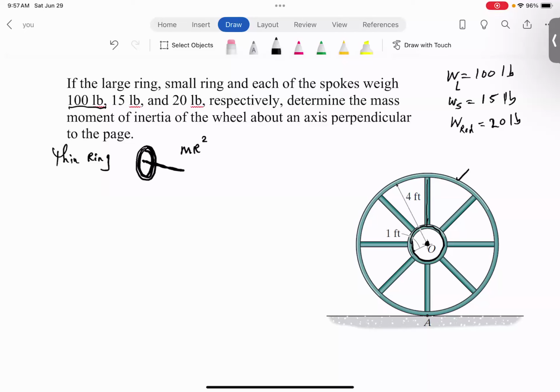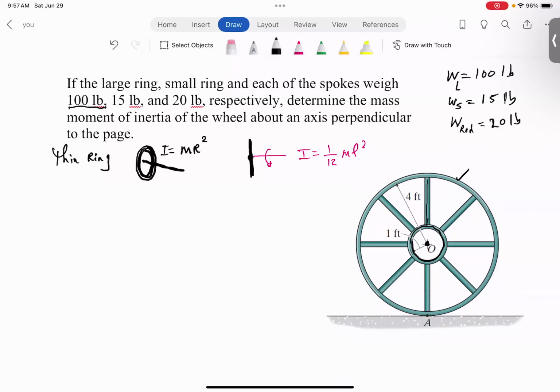Also for rods, the mass moment of inertia for a rod with respect to this axis of rotation is 1/12 ml squared. So this is also I with respect to the centroidal axis.